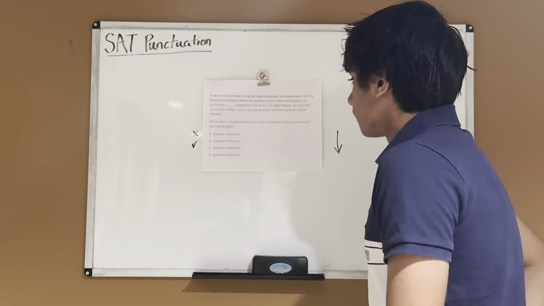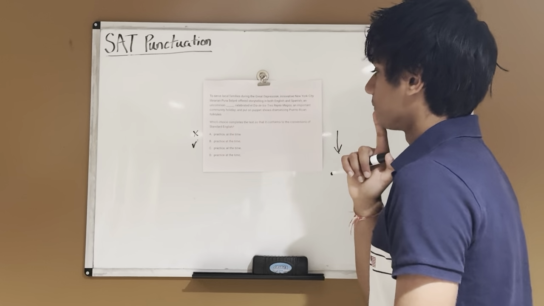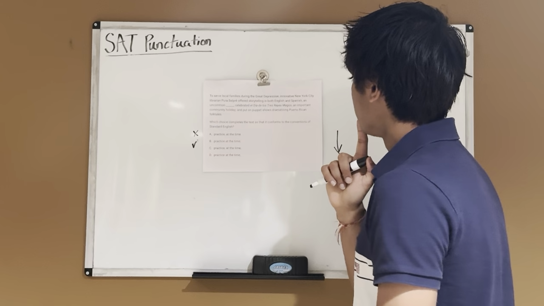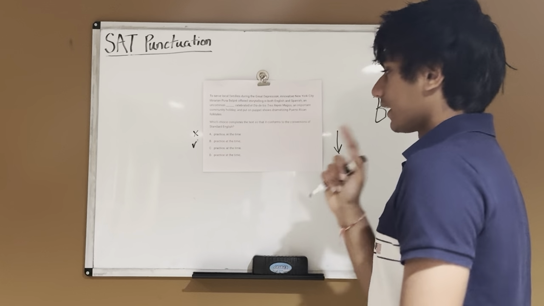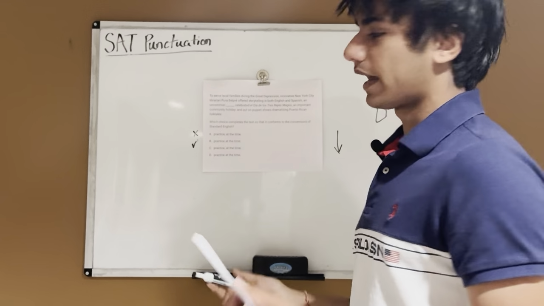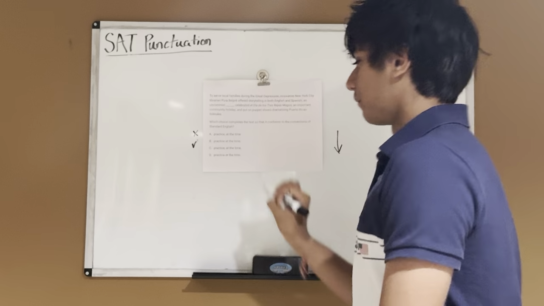C, at the time, that's saying that at the time is a non-essential clause. So an uncommon practice celebrated El Dia de los Muertos, an important community holiday. Again, that's a run-on sentence, right? We have a comma trying to just continue on, but it doesn't make any sense with a comma like that.